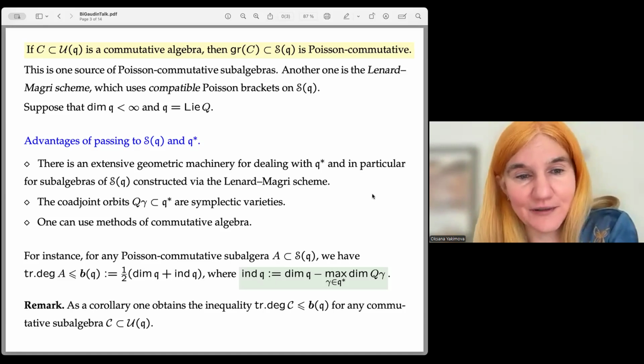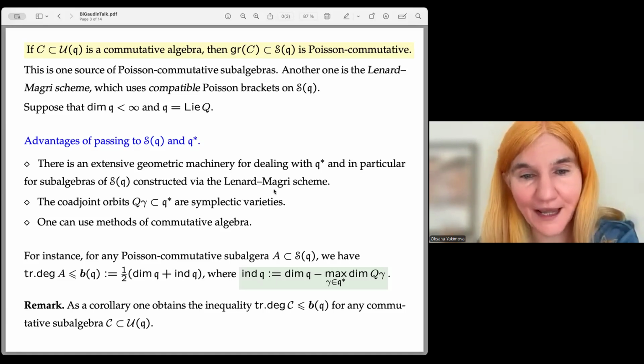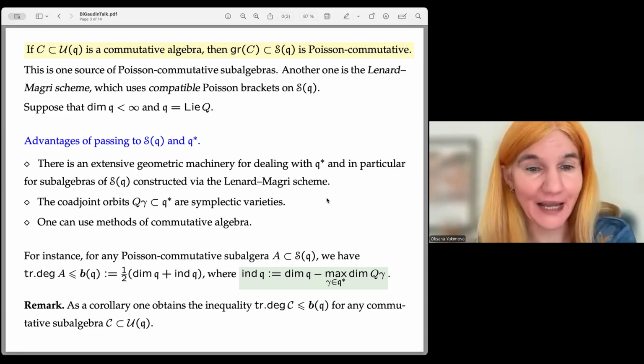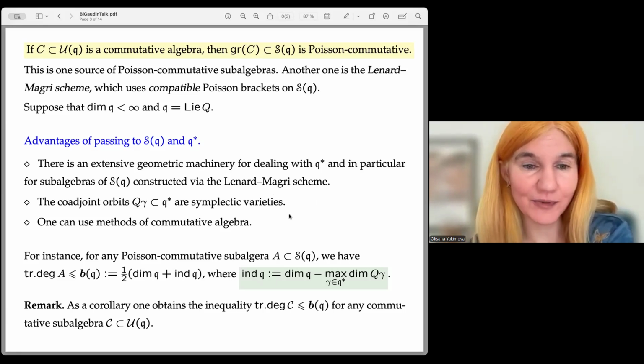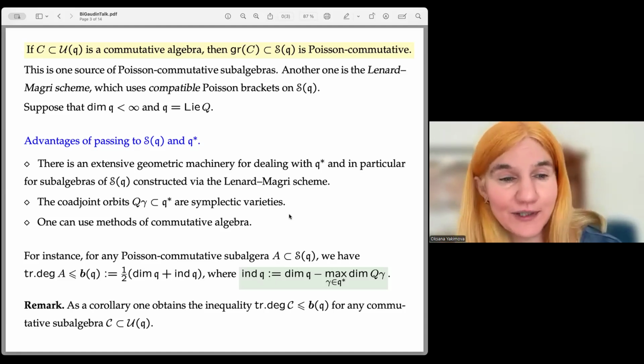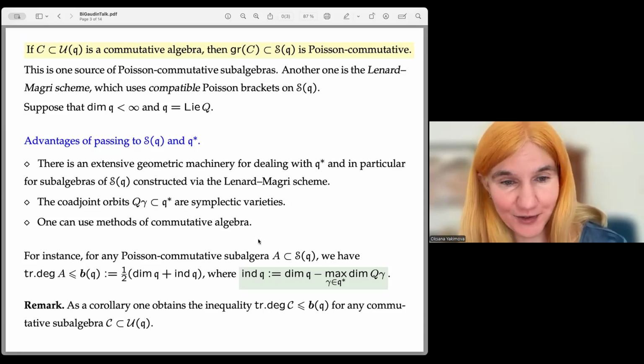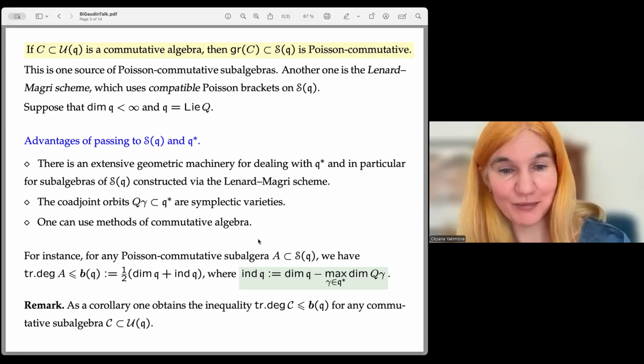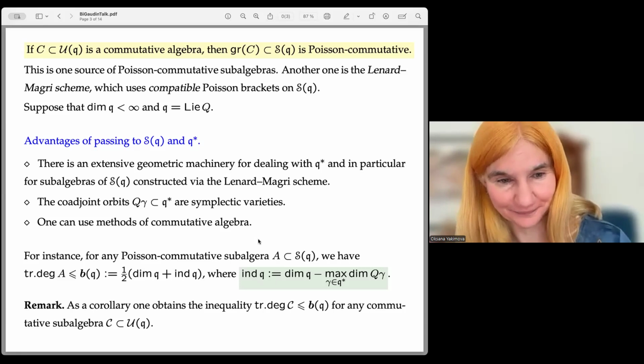First of all, there is a geometric machinery, geometric methods for dealing with it, in particular for the Poisson commutative subalgebras we are going to obtain. The coadjoint orbits are symplectic varieties, so here we have methods of symplectic geometry. And we can also use commutative algebra because the symmetric algebra is a commutative object.